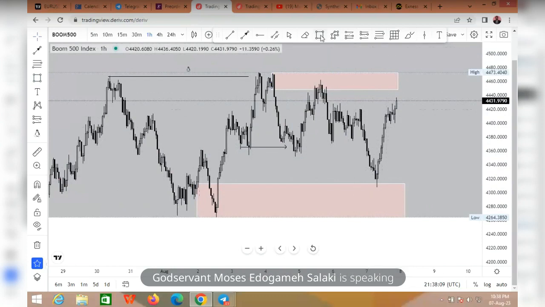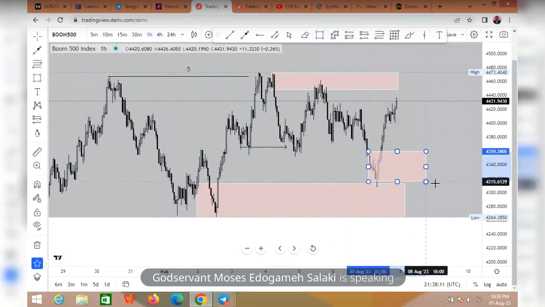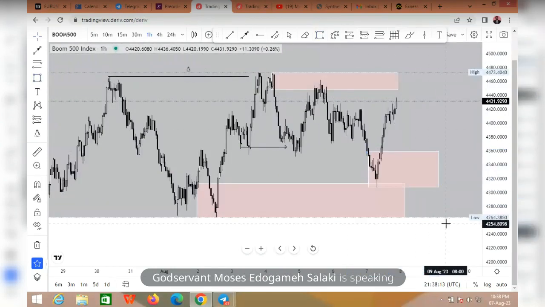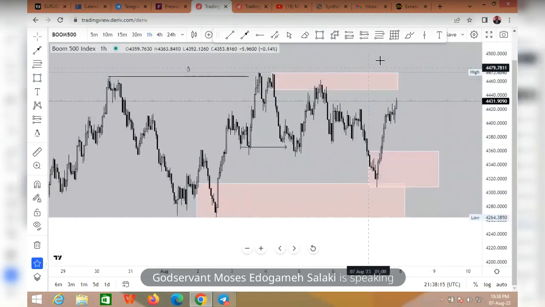Once price gives you another high, then you want to buy from here. If price takes away this high, here becomes valid, then you can buy from here. If price didn't take away this high, then possibly price wants to come and break this structure.